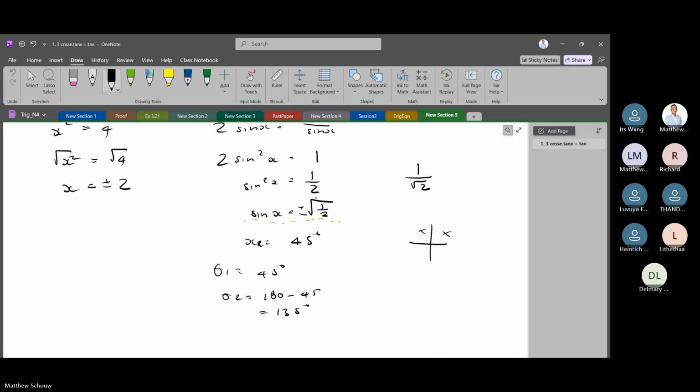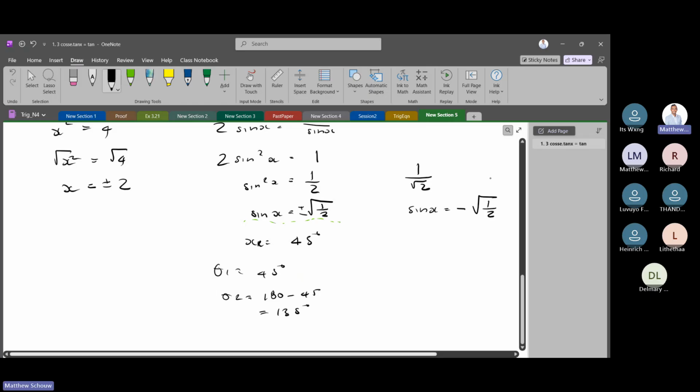Same story over here. So therefore, our other side will be the same, but it will now be sine x equals negative 1 over root 2, or you can just simply write negative 1 over root 2. Same thing. So the reference angle should still be the same, 45 degrees, am I right? That doesn't change, but now our quadrants are different.